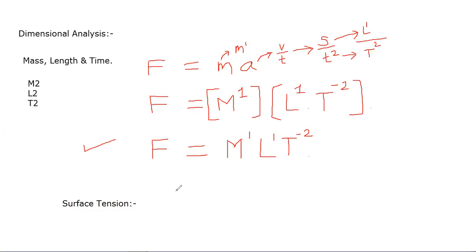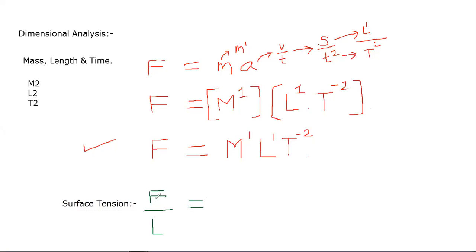If you don't know the formula, then you will not be able to find the exact dimension. So the formula for surface tension is force divided by length. Surface tension is force per unit length.